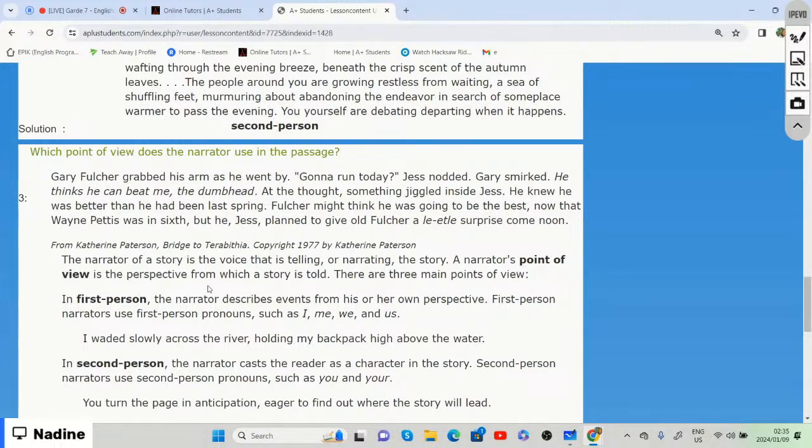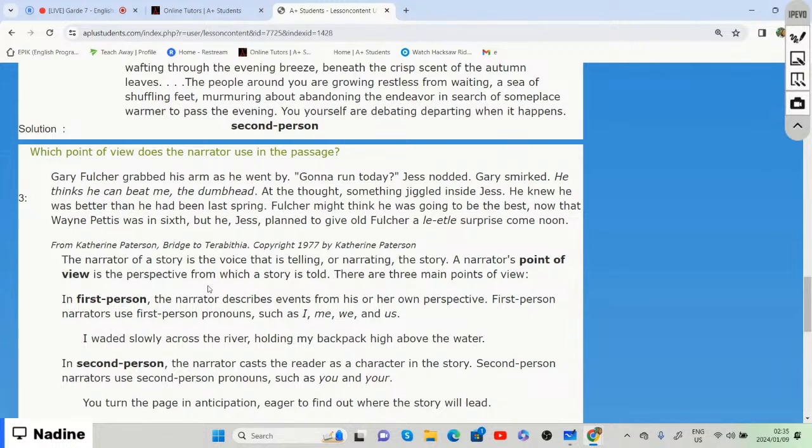All right, so if we ask which point of view the narrator uses within the passage, and we look at all the names and the pronouns being used, saying that he grabbed his arm, it's either he's or he that is being used.